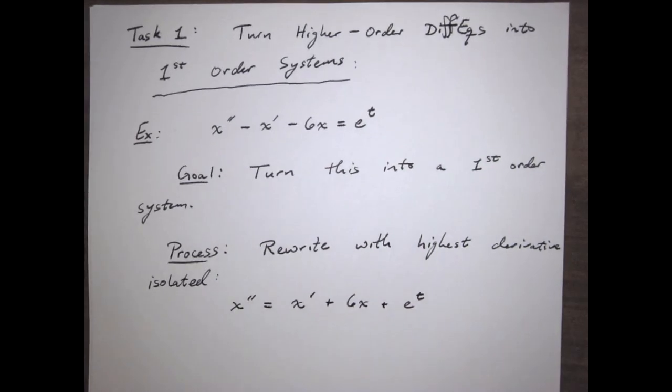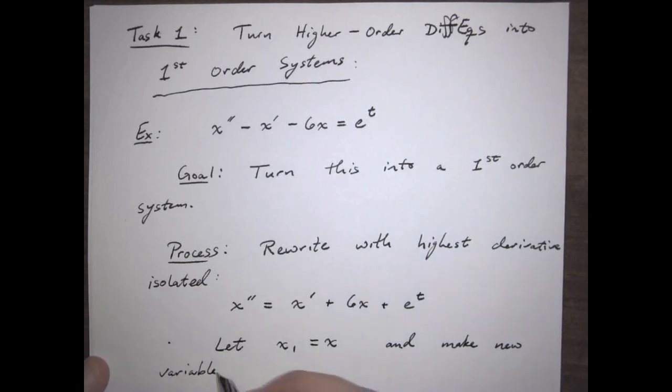Now, what we're going to do is we're going to declare a new variable to be the derivative of x. So then let x1 just be the original x, and make new variables.